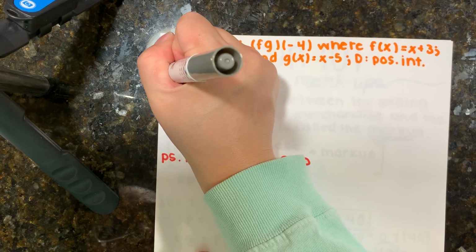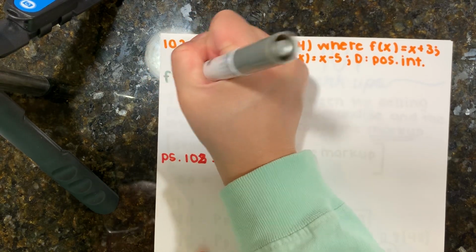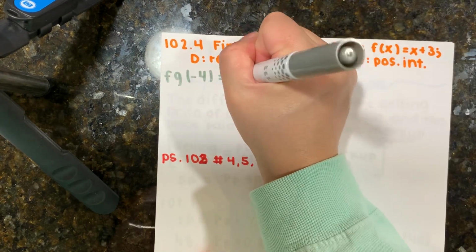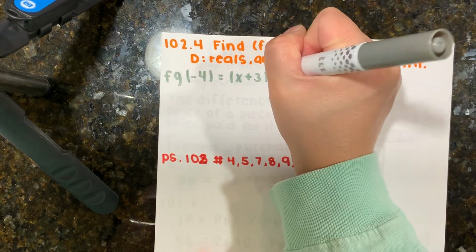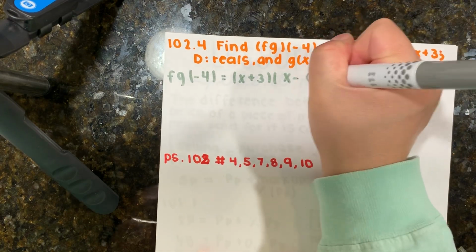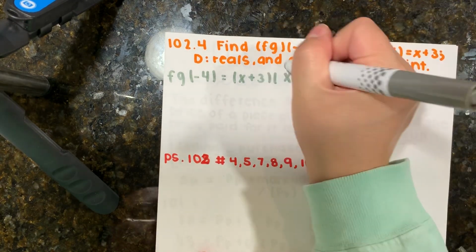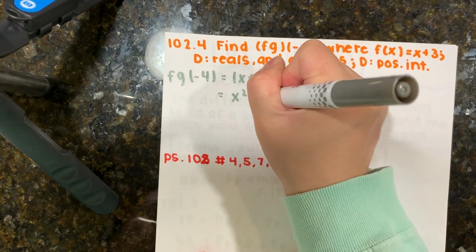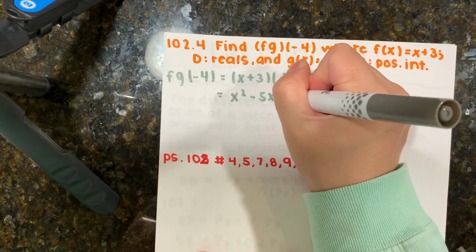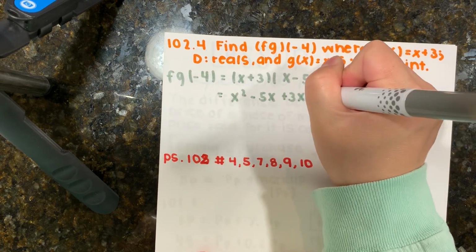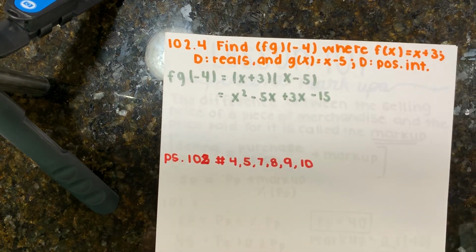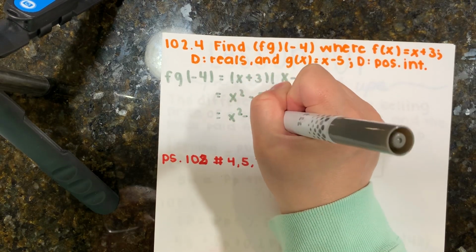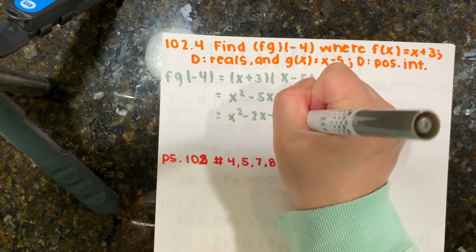So when I do fg of -4, I need to multiply the x plus 3 times x minus 5. So x times x would be x squared, x times -5 would be -5x, 3 times x would be 3x, and then 3 times -5 would be -15. Now when I add those together, I get x squared minus 2x and then minus 15.